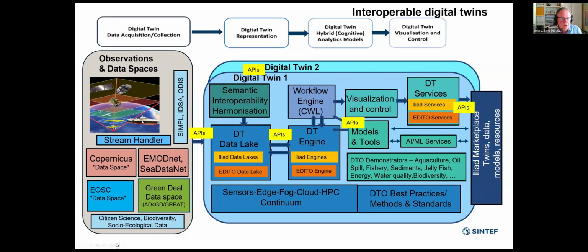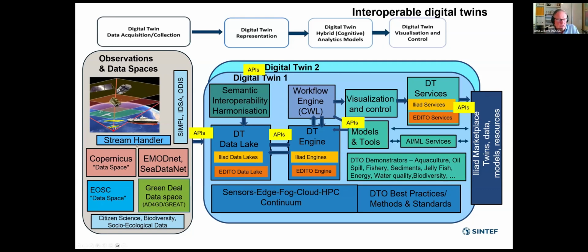In Iliad, we have a number of sensor packages that we are using, various physical sensors, but we're also accessing external data from satellite remote sensing, Copernicus Marine Services, EMODnet, and various data spaces providing data sharing functionality.